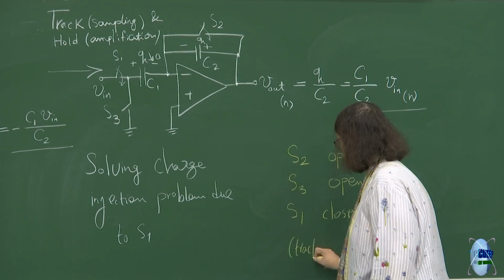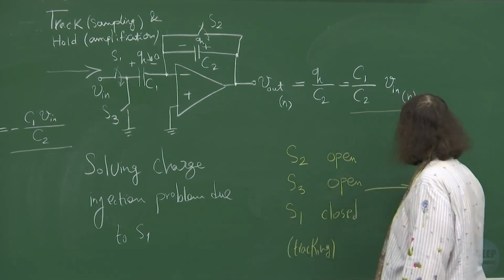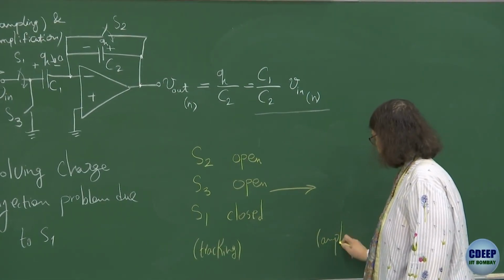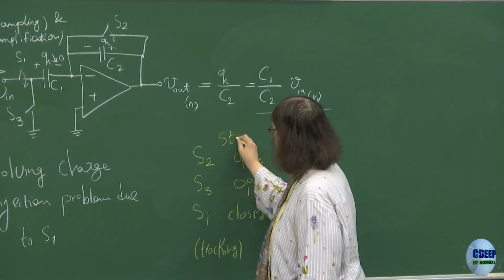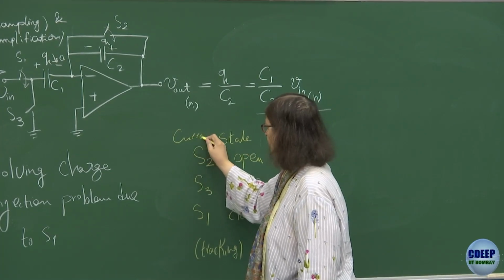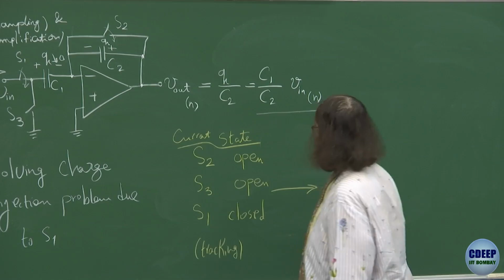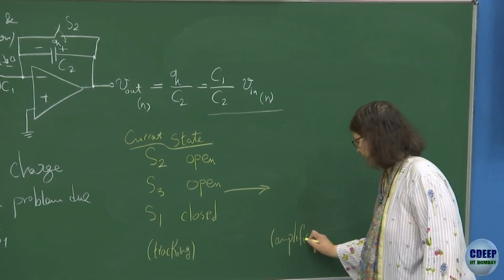You tell me, what would be the sequence if I want to go from track to amplification? Right now, there is no difference between them. It's just the current state. So this is the amplification phase.